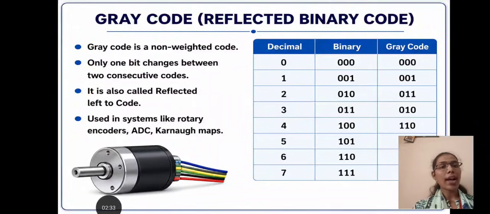It is also called reflected binary code, used in systems like rotary encoders and ADC. In this table, we have decimal, binary and gray code. Let's take the example 2. In binary, 2 is 0010. In gray code, it changes to 0011. So this is the difference between gray code and binary code.